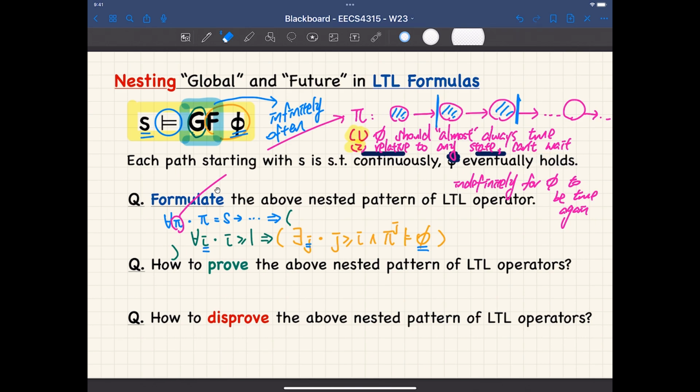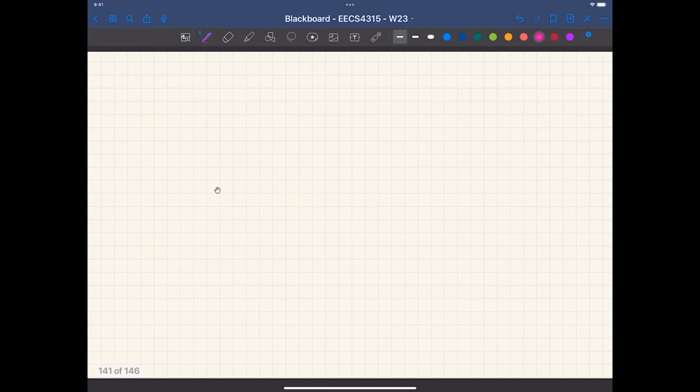So I would say the infinitely often is really the standard way of saying, if you want to say some property should be infinitely often holding, then you should be using the nesting. And one more time, maybe I mentioned earlier, but it's good to emphasize. You really want to distinguish between the infinitely often case versus the always case.